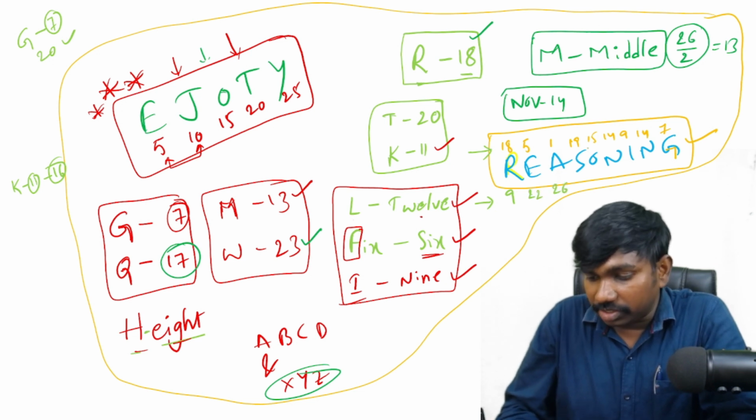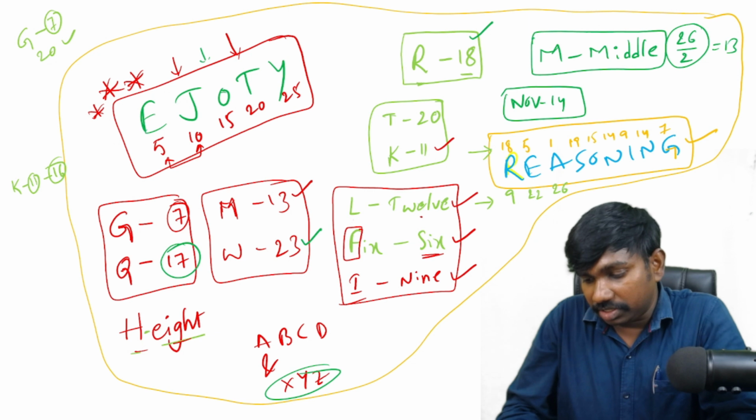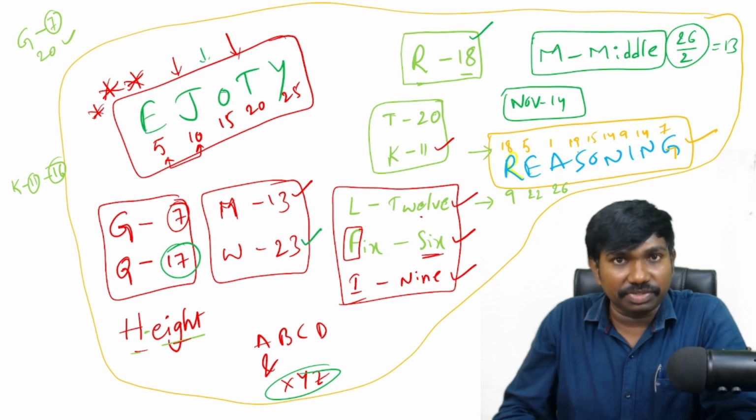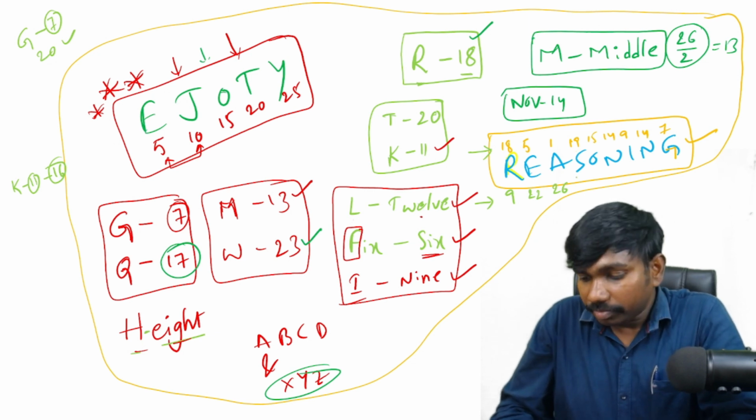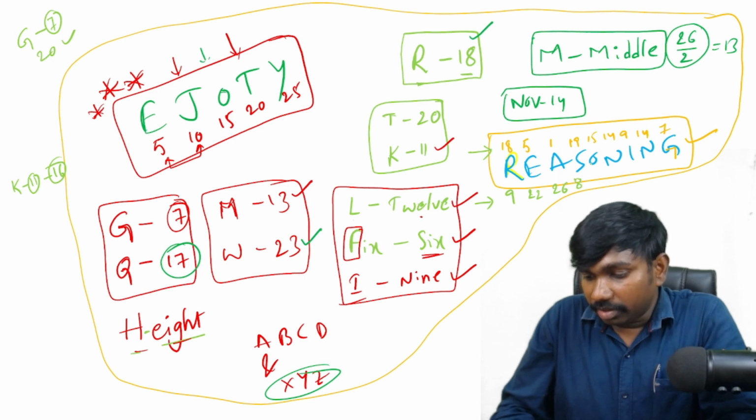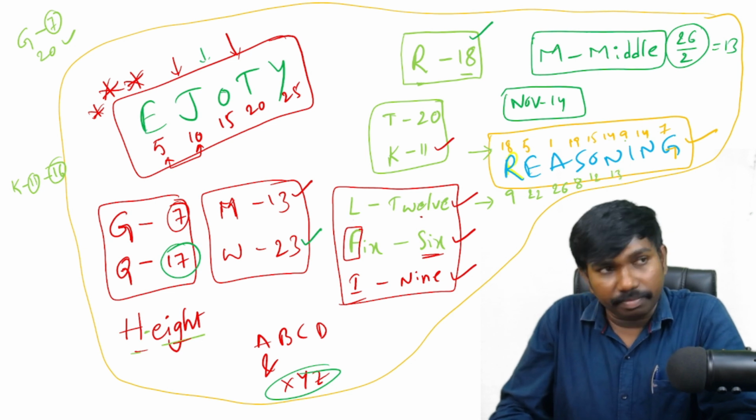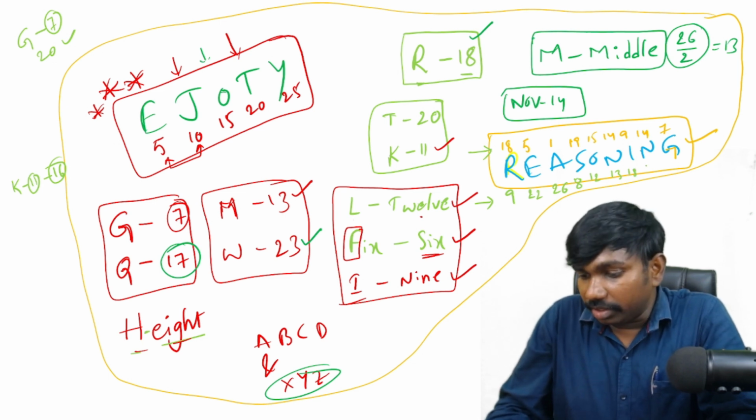A is 26 because it is 1 already. Sum is 27. S is 19. That means it should be 8. O forward position 15, backward will be 12. N forward position 14, backward will be 13. I is 9 and 18, right? N 14, 13. G 7, 20.